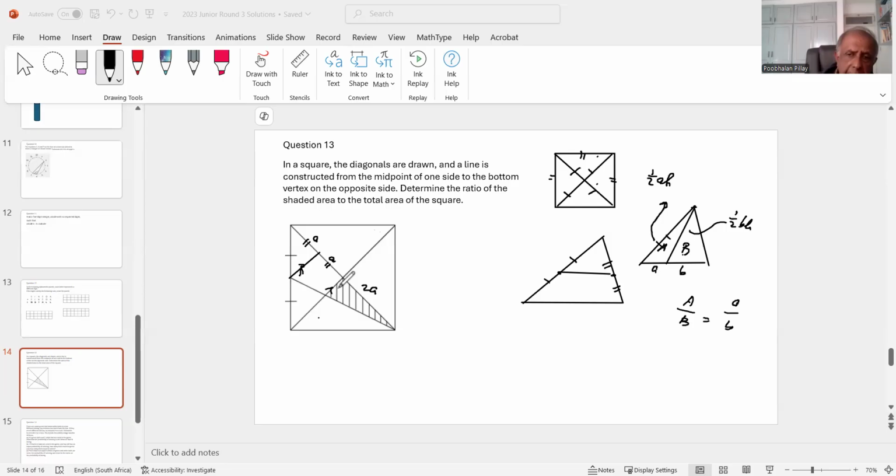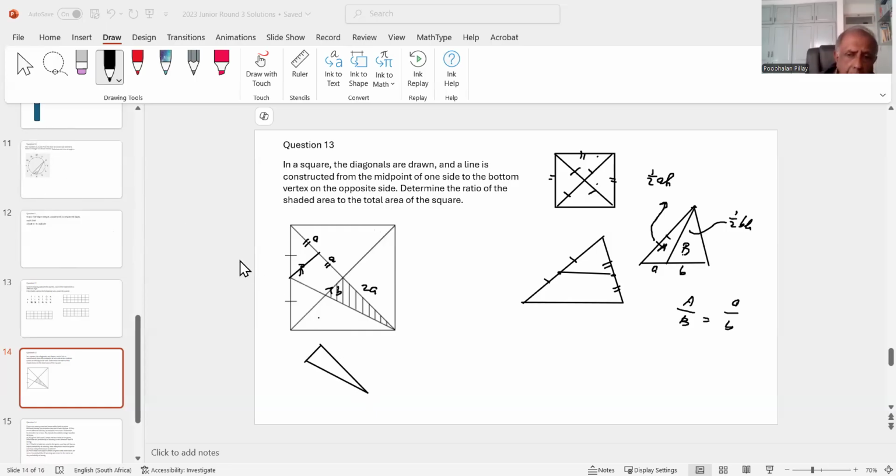So if this part here is B, then if you look at this picture here, and this is a little bit difficult to see, I'm looking at this triangle here. And then I've got a line parallel.